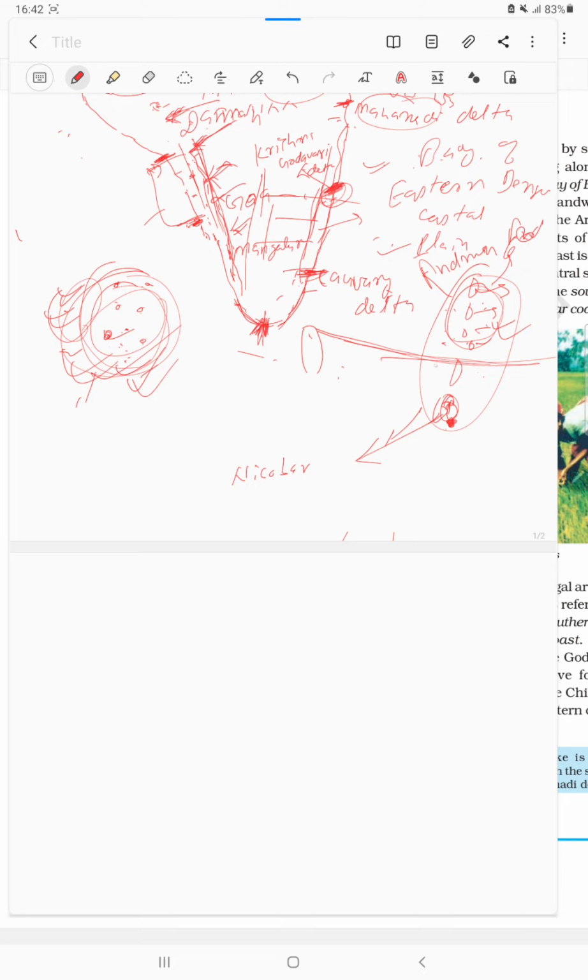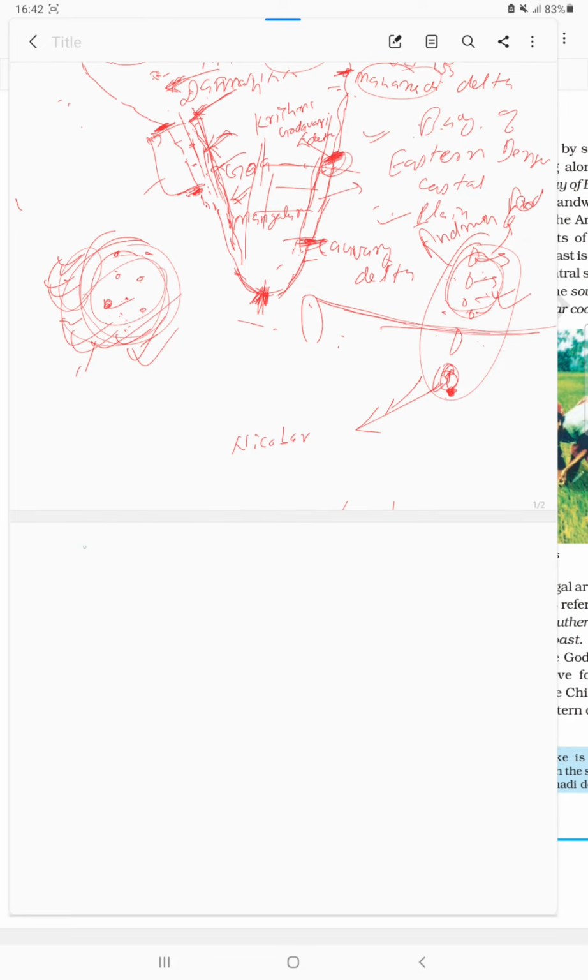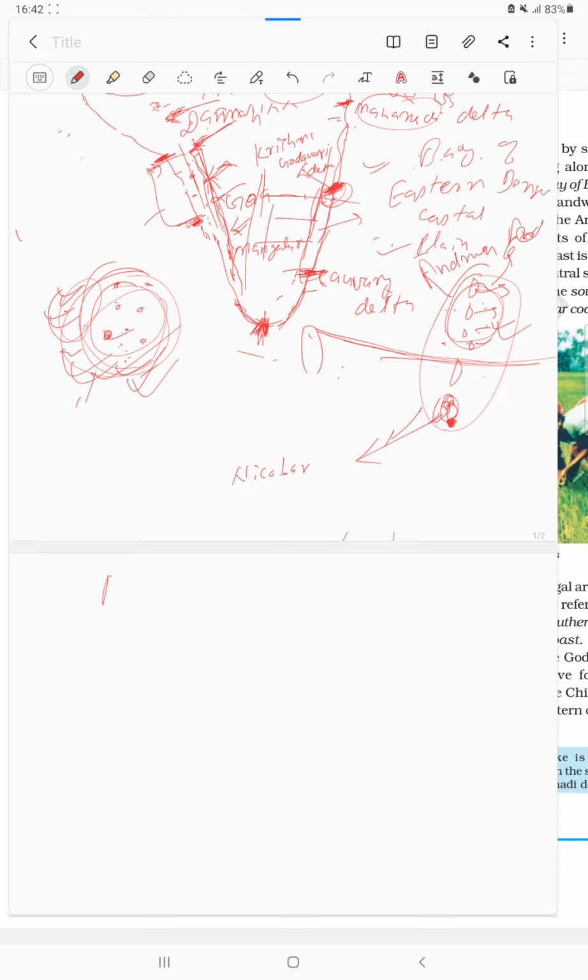So Andaman and Nicobar, the headquarters of Andaman and Nicobar is where? Port Blair. This is the headquarters of Andaman and Nicobar. One thing is that here is Sentinel Island. One island is found here, Sentinel Island. Okay, this is important.